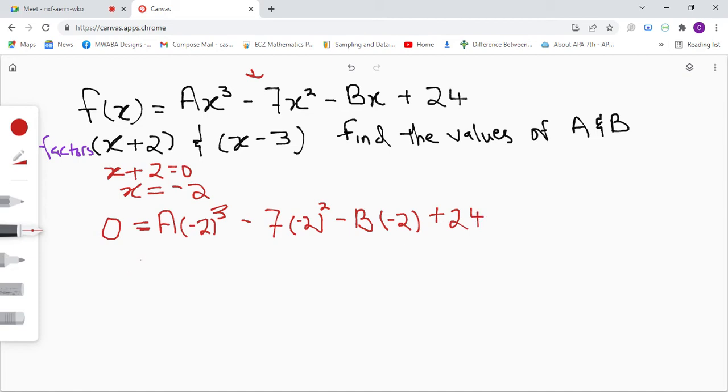So let's solve. Negative 2 cubed gives us negative 8. Negative 8 times a, we get negative 8a. Negative 2 squared is positive 4. 4 times negative 7, we get negative 28.